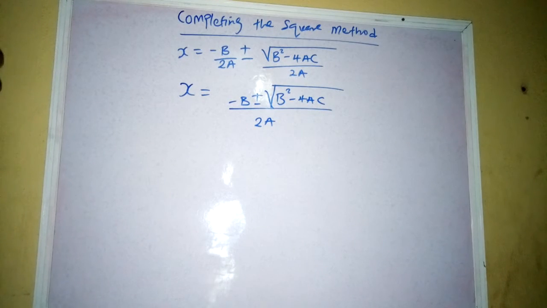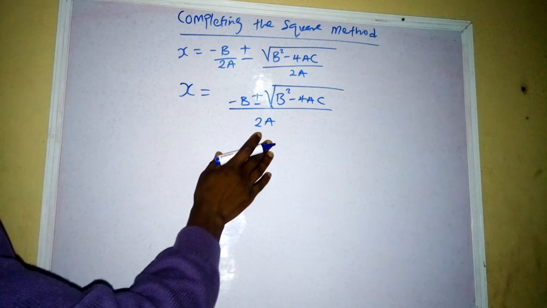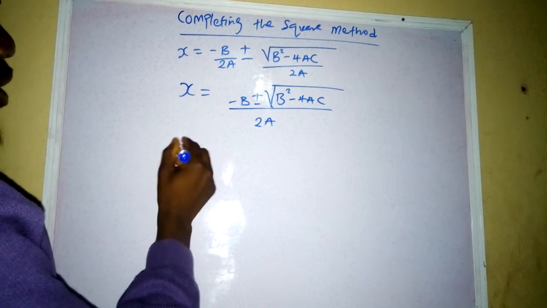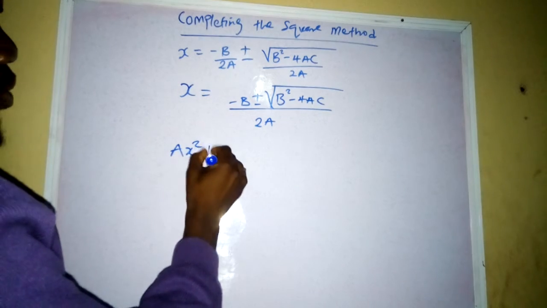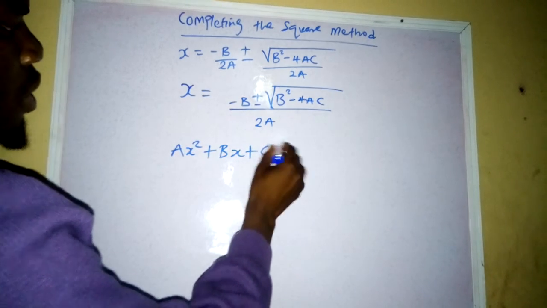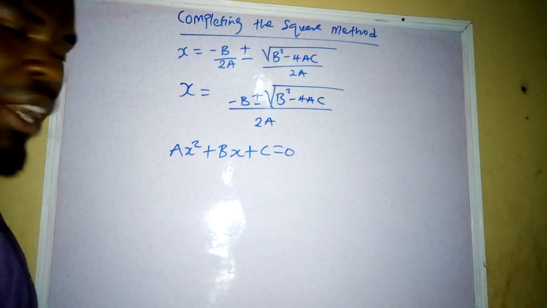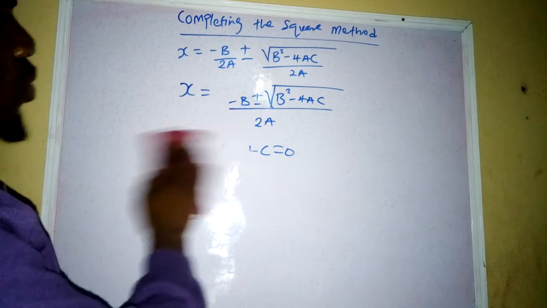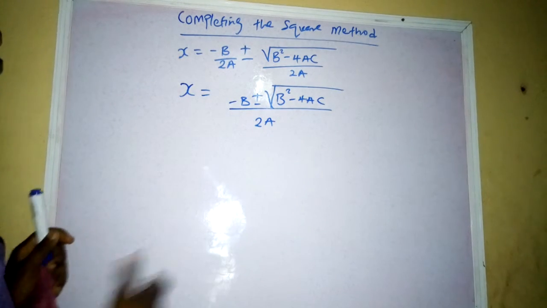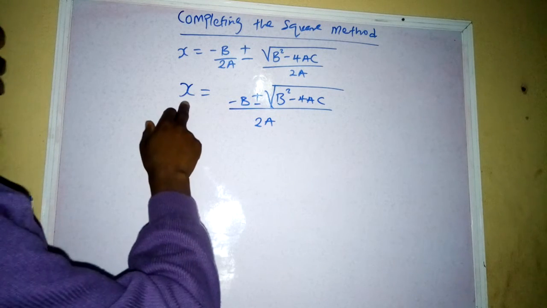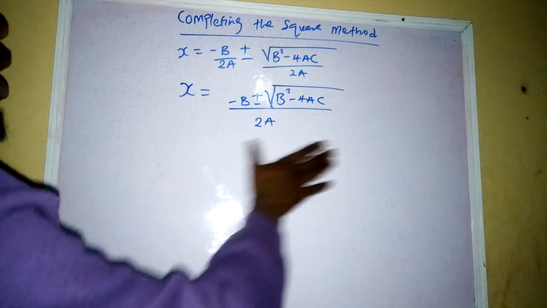Good. And if you check the final result of what we used, don't forget that from the beginning, the quadratic equation of the general term ax squared plus bx plus c equals 0 gave us this result. Which implies that the final result of solving that quadratic equation using that general term in finding the value of x is what we got.